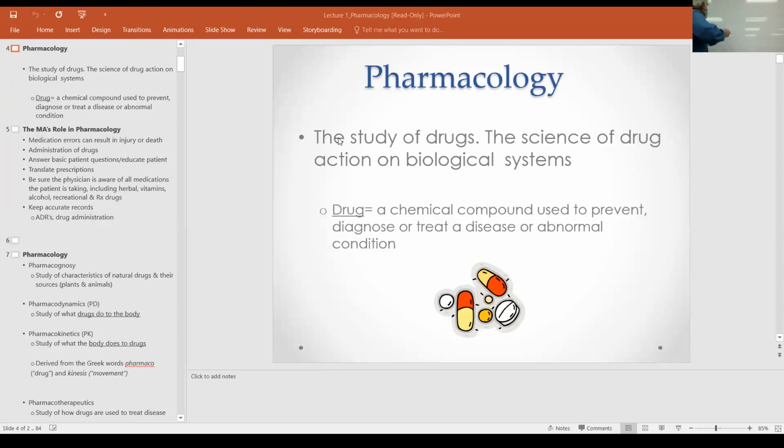Generally, we think of it as ADME. So that's absorption, distribution, metabolism, and excretion.